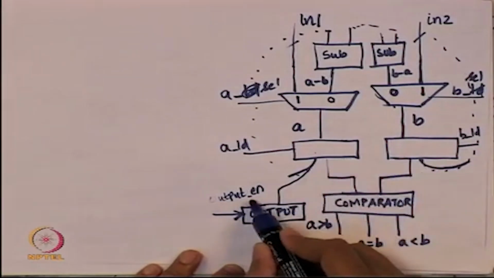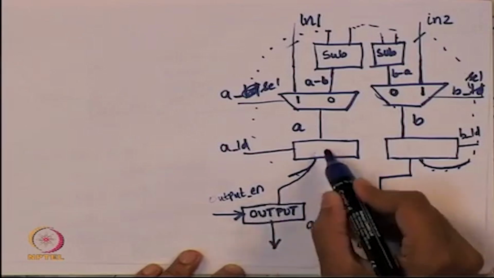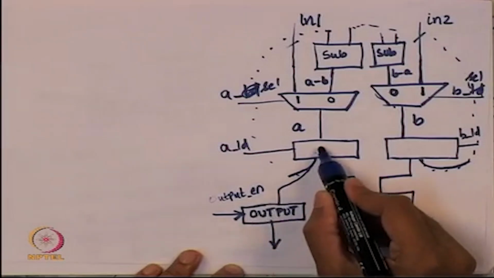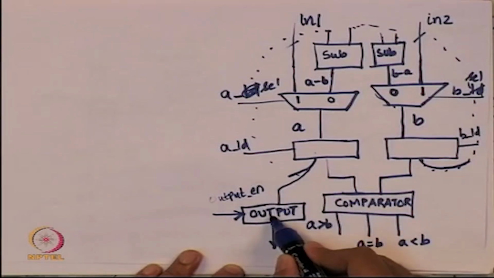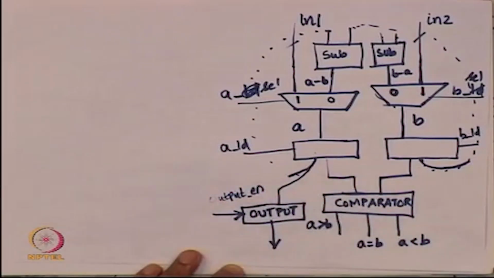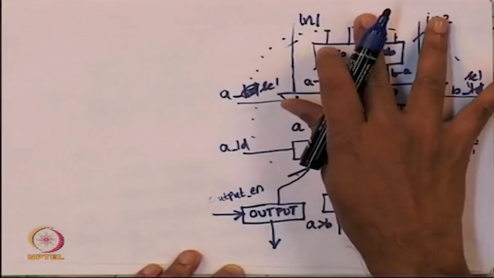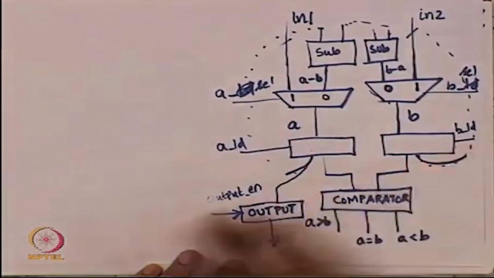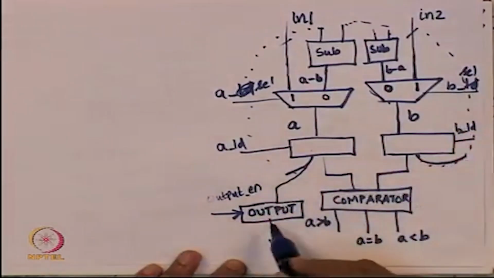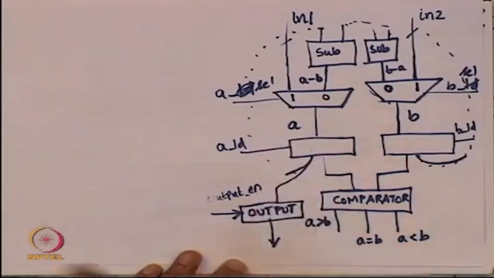So, we turn on output enable and copy the value of register A into this output register. This will remain at the output even when the input changes. It will change only when the next result is available. So, this gives enormous time for the external world to copy the output.